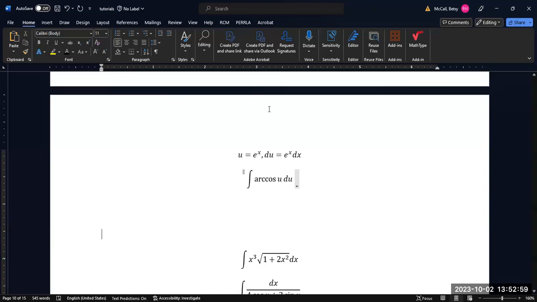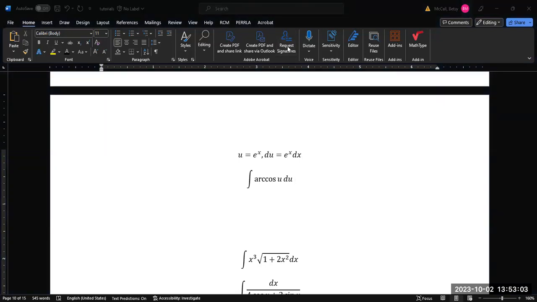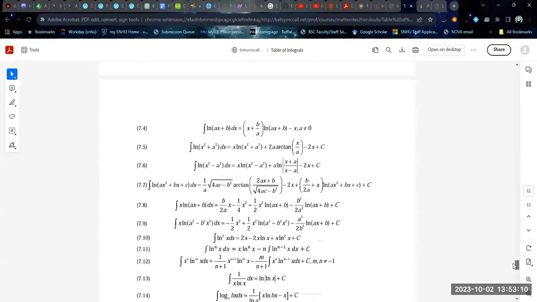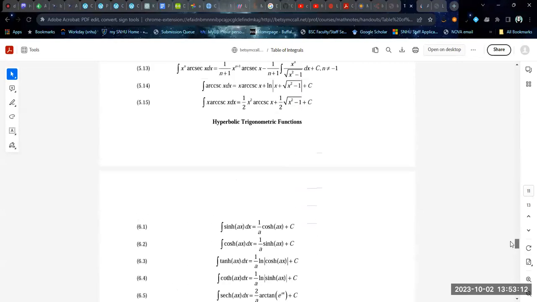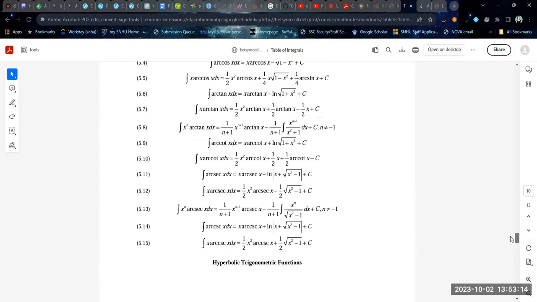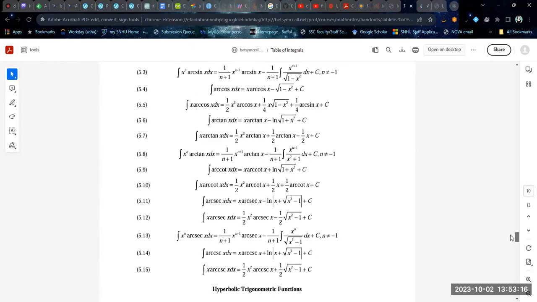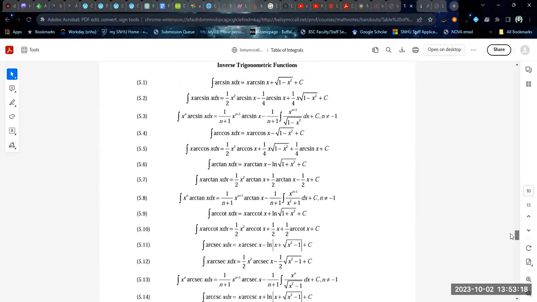But now we're going to look at a different part of our table for an arc cosine or an inverse cosine rule. So not in the exponential section, not in the log section, not in the hyperbolic trig section. We're looking in the inverse trig function section. There's arc sine. Here's arc cosine.